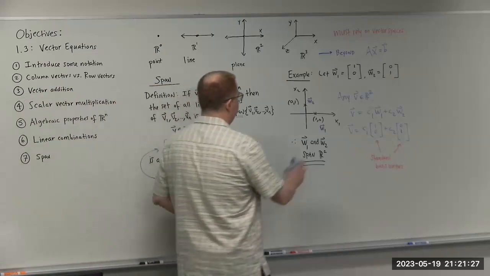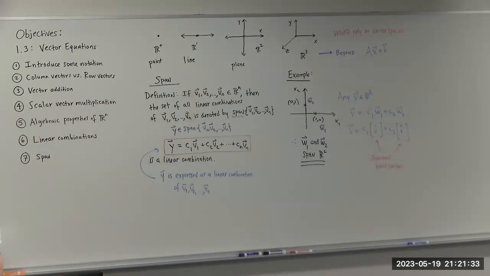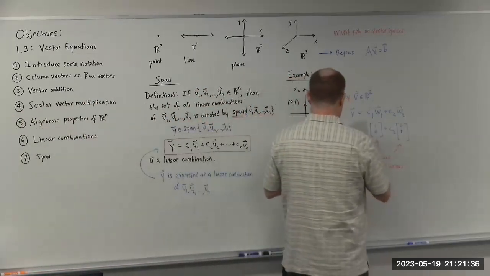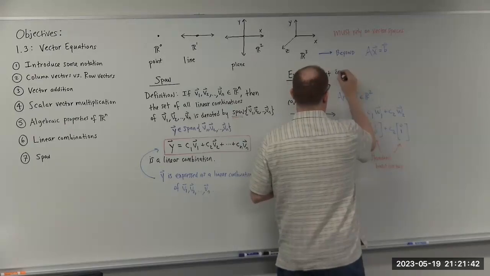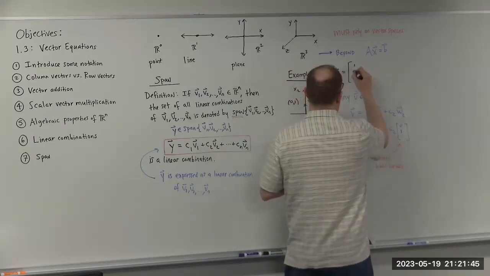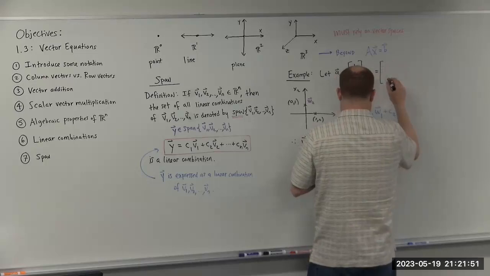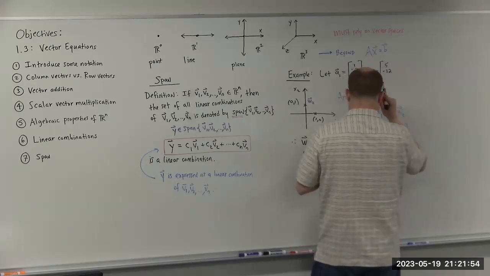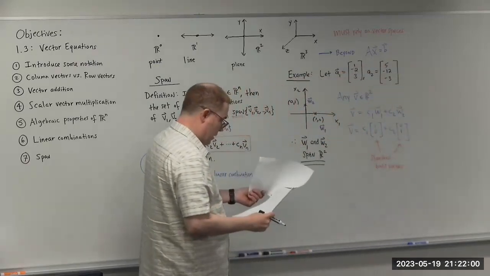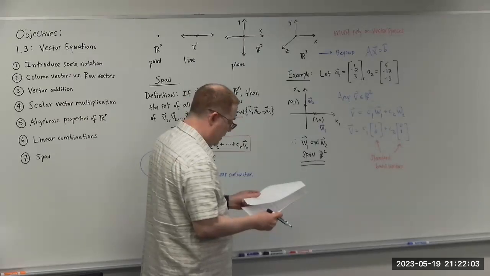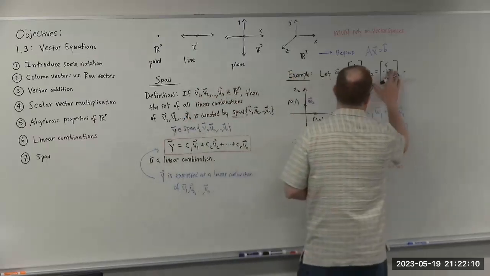Let's look at another one. Let's say I have these vectors: 1, negative 2, 3, and then 5, negative 13, negative 3.